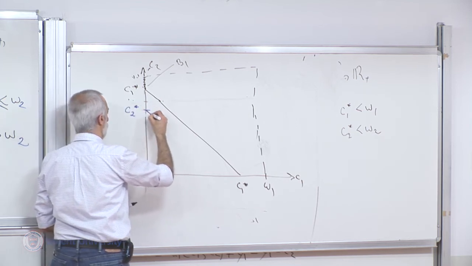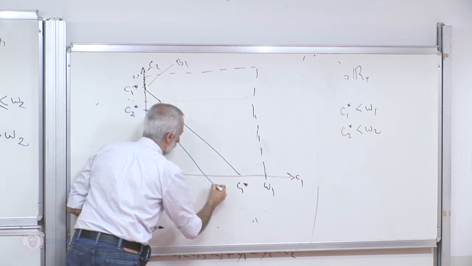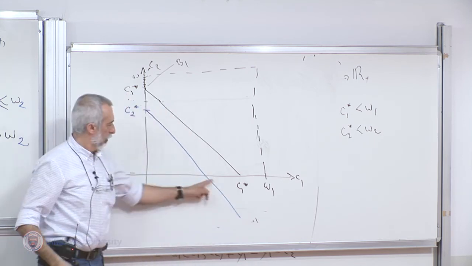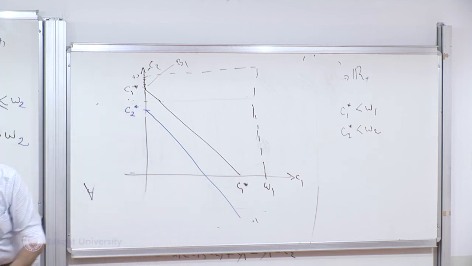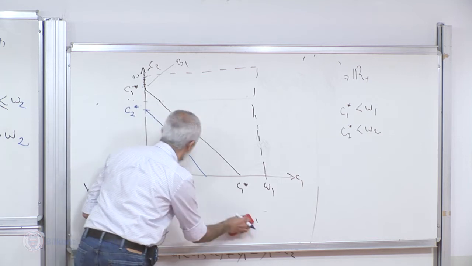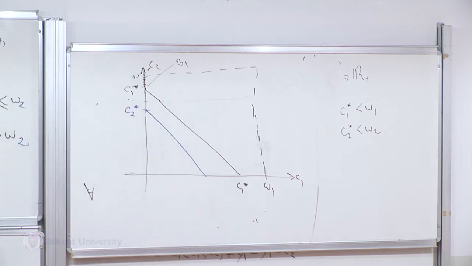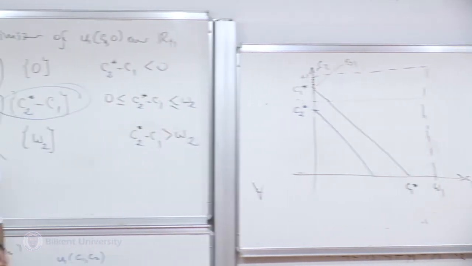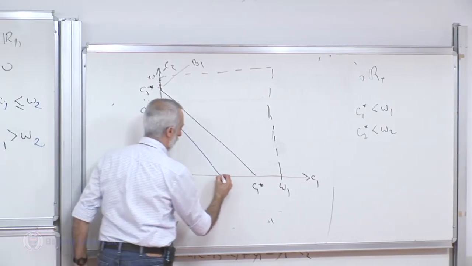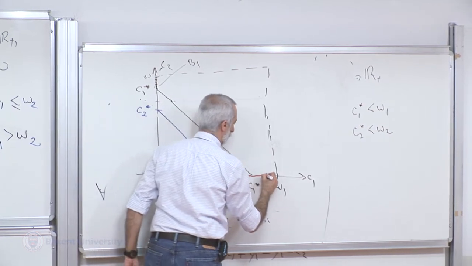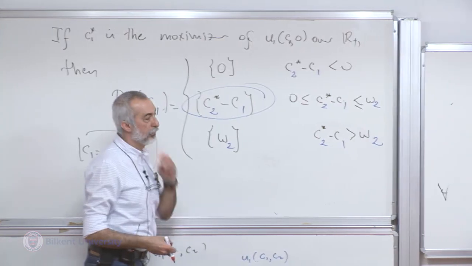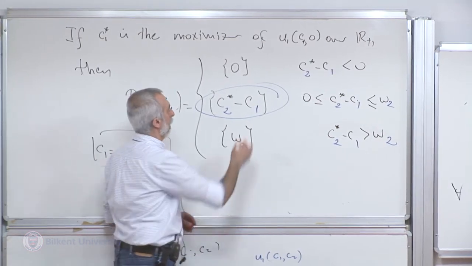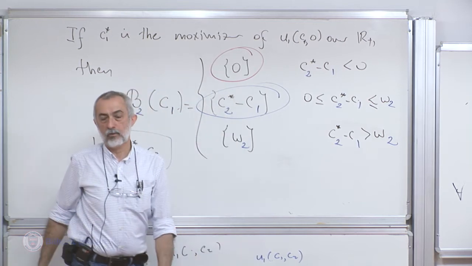Then it will go down like that. But negative best responses, negative strategy is not meaningful. So actually, this part is governed by this relation. And then this part is governed by this relation.